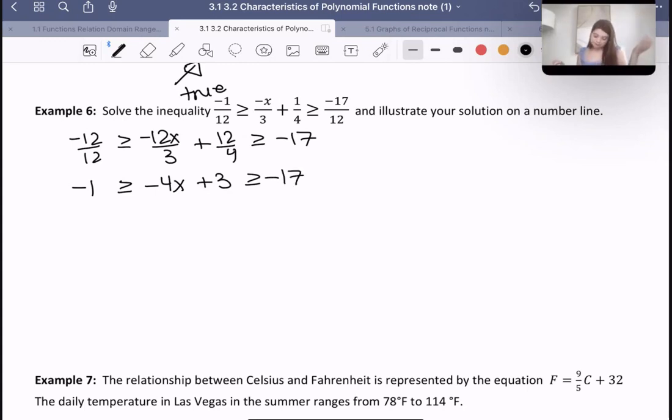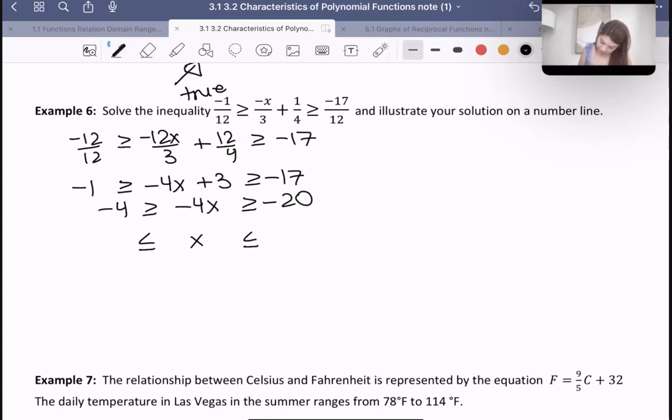Okay, now I'm going to subtract 3 from all sides, and we're going to get over here just negative 4x. Over here, we're going to get negative 20. And over here, we're going to get negative 4. And then I'm going to divide everything by negative 4. And when I divide everything by negative 4, I need to swap my signs. So here we're going to get x.